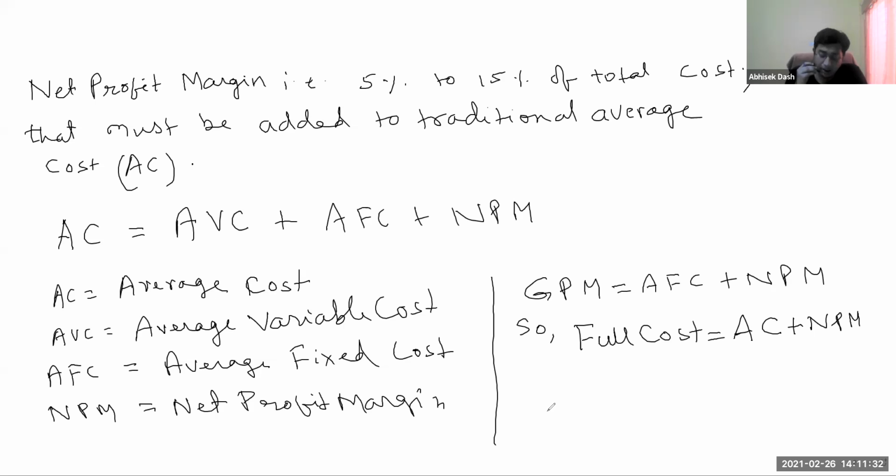Sorry, sir, I didn't get it. You write the equation which I have written here. Convert TC, convert AC by Q. Correct it. AC, AVC, AFC. You had written TC, TVC, TFC. Convert it.